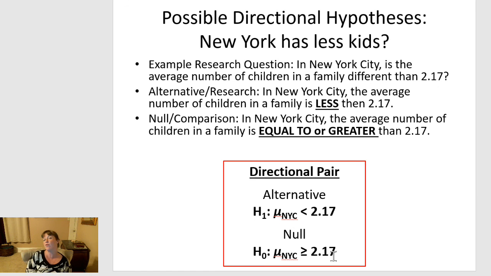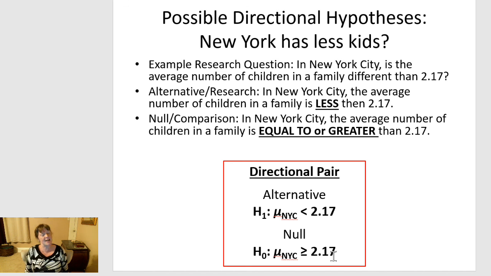What about that researcher who is only interested in discovering that people in New York City have fewer kids than average because she's concerned about the water supply, right? So she's completely uninterested in finding out that people in New York City have more kids than average. If they have more kids than average, who cares? That's the same thing to her as if they're having the same number of children, right?